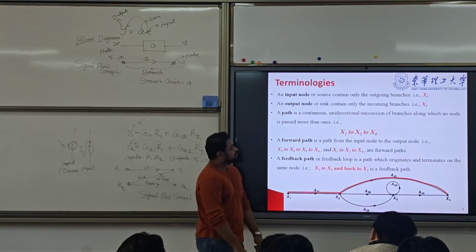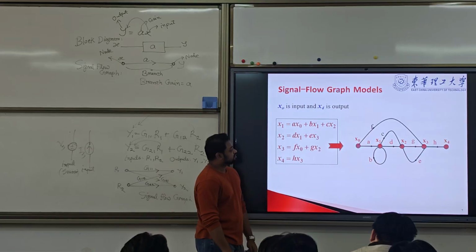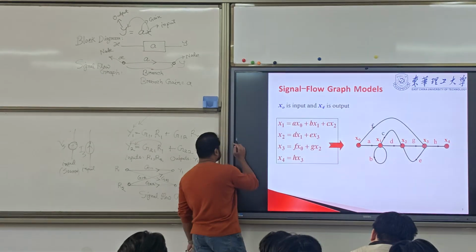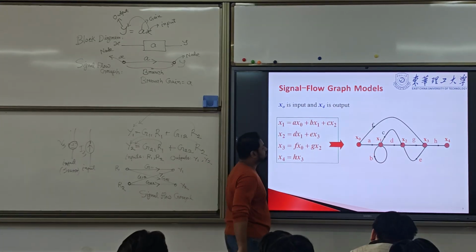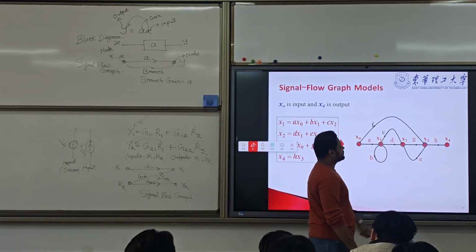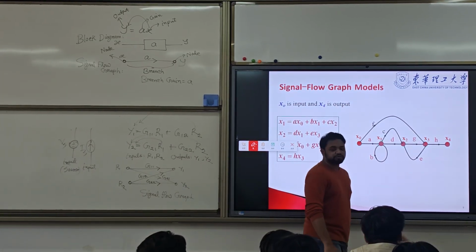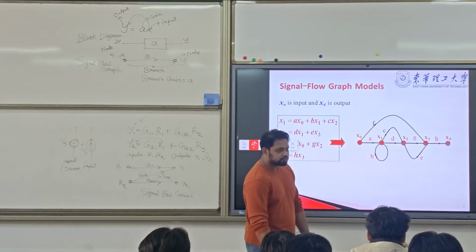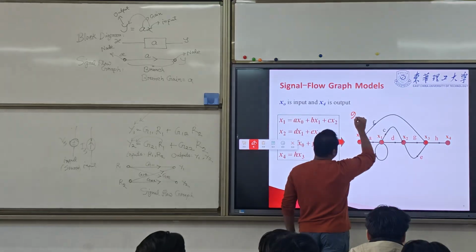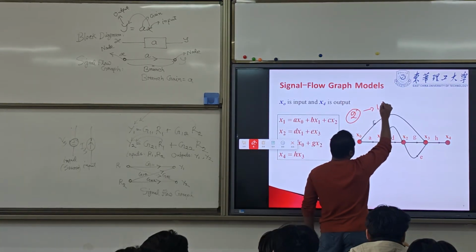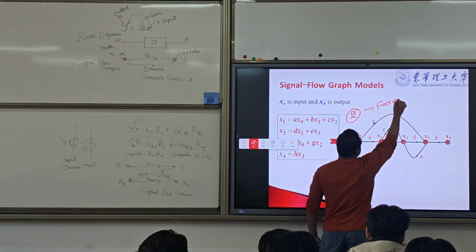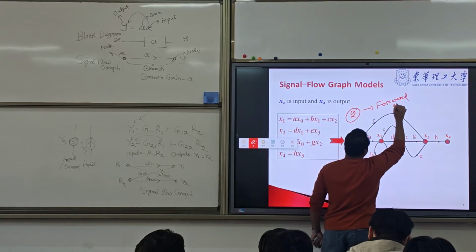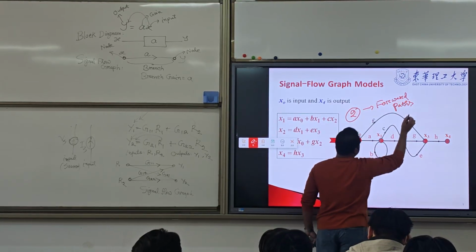Let me tell you here. Let's see this example. In this example, how many forward paths here? Anyone? How many? 1 or 2? 2. 2 forward paths here. How?